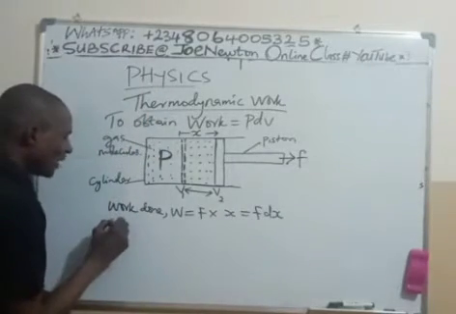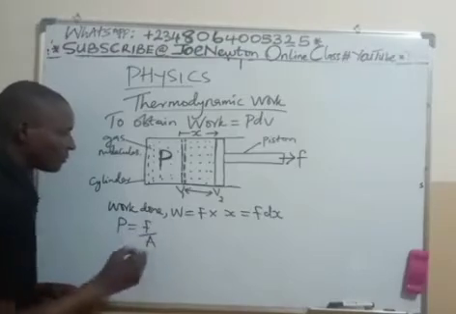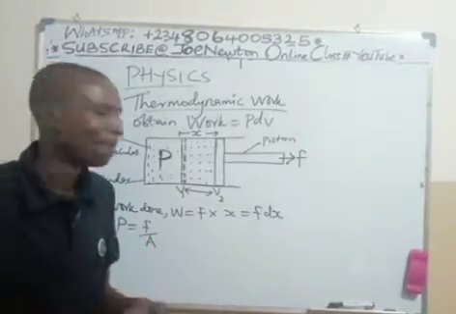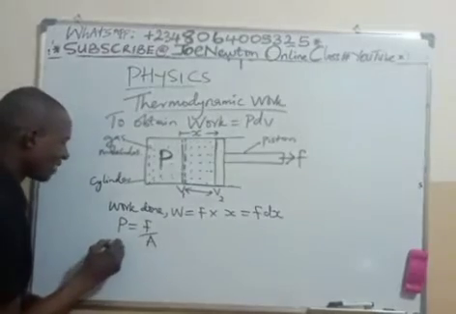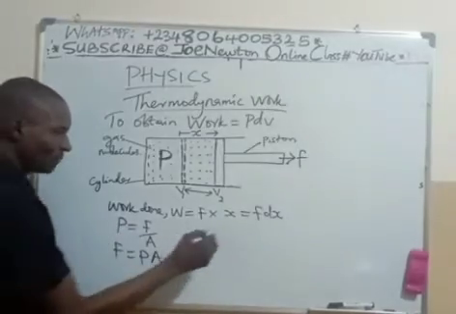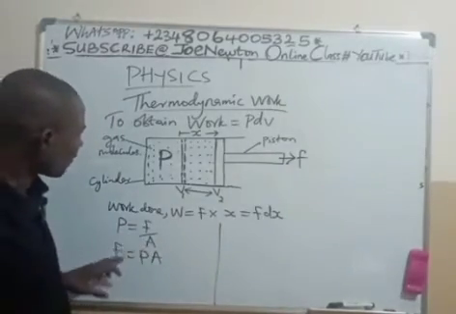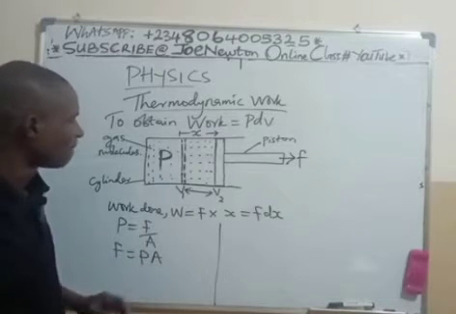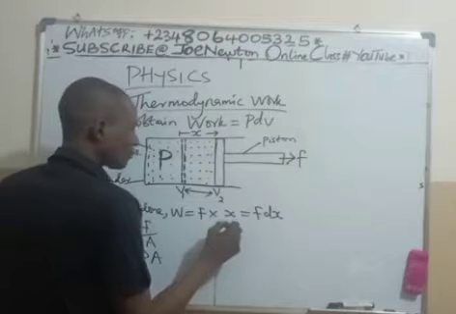But we recall that pressure is equal to force over area. That is force per unit area. Now, when we make force the subject of the formula here, we have that force is equal to pressure times area.